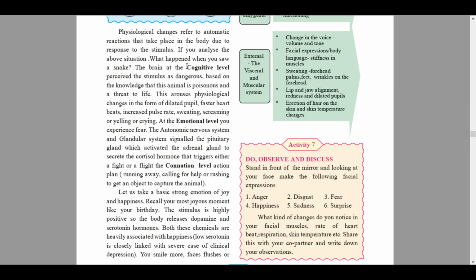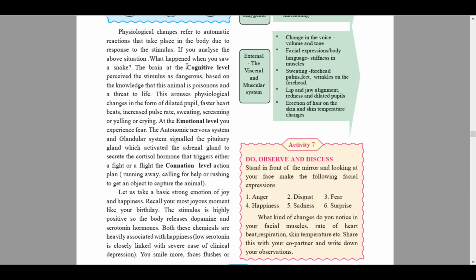This arouses physiological changes in the form of dilated pupils, faster heartbeats, increased pulse rate, sweating, screaming, yelling or crying, heart palpitation, the negative ones. So this is our cognitive level output, or what our stimulus will be reacting to.